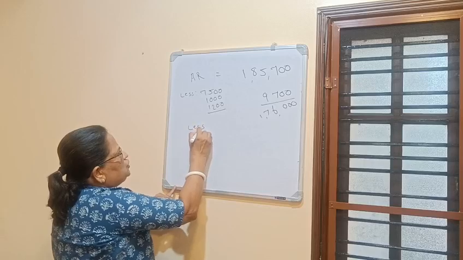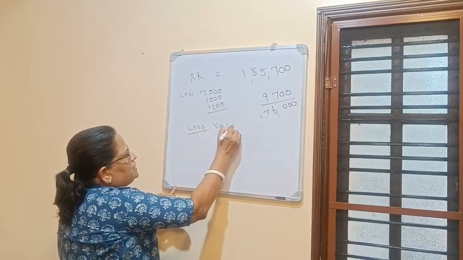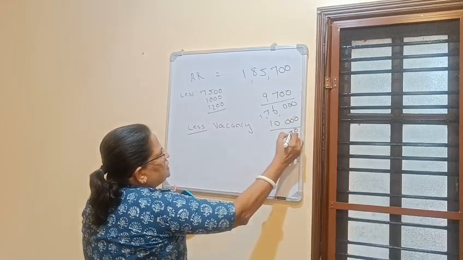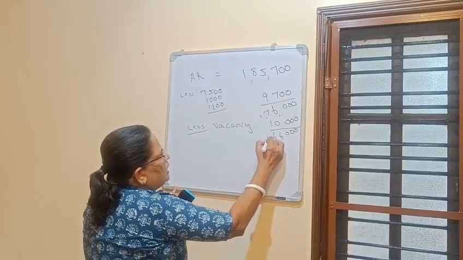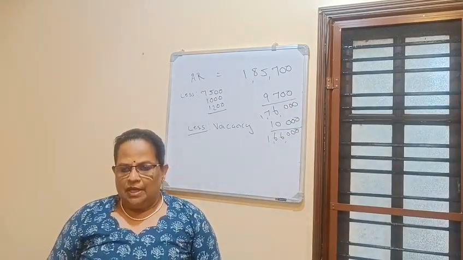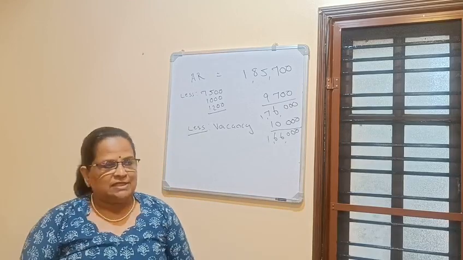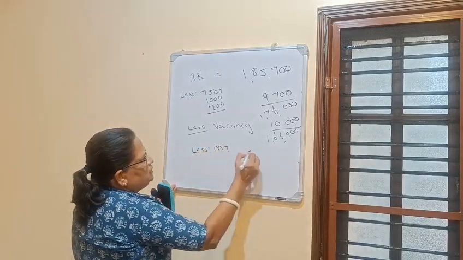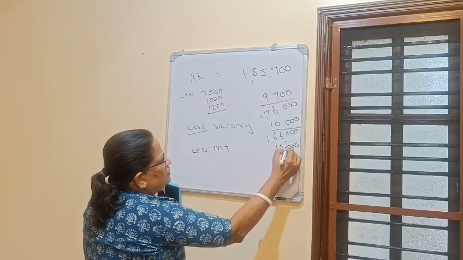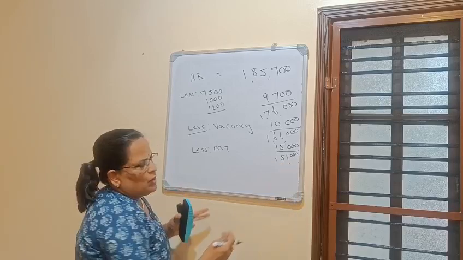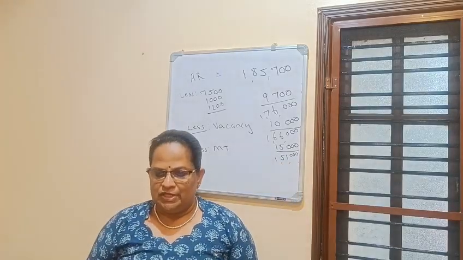Now less loss due to vacancy. Vacancy value 10,000, we have to reduce. So it is 1,66,000. Now annual value 1,66,000. Now we have to reduce municipal taxes, 15,000. So here it is 1,51,000.